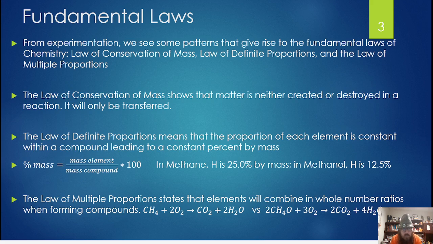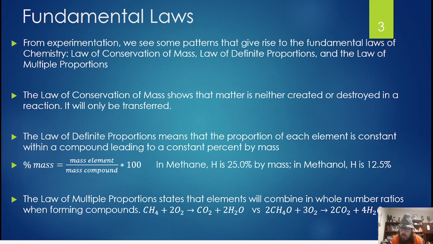Percent by mass is always the portion over the whole. So the mass of an element over the mass of the compound times 100 gets us our percent. Methane is CH4. Hydrogen has a molar mass of 1.